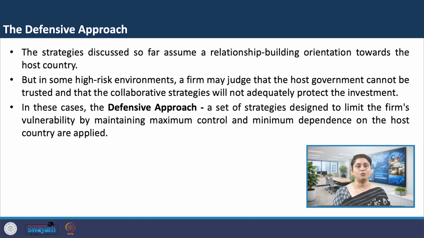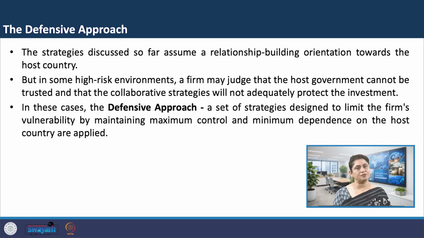In some environments, especially genuinely high risk environments, where the host government is demonstrably hostile to foreign investment, where the rule of law is very weak, where property rights are not reliably enforced, a collaborative orientation may not adequately protect the firm. In these cases, the defensive approach comes into play.